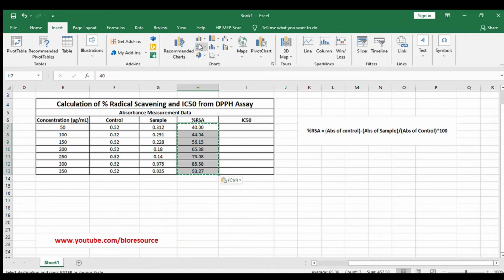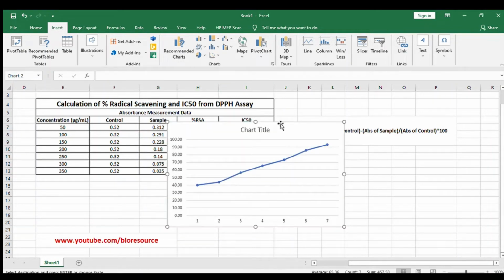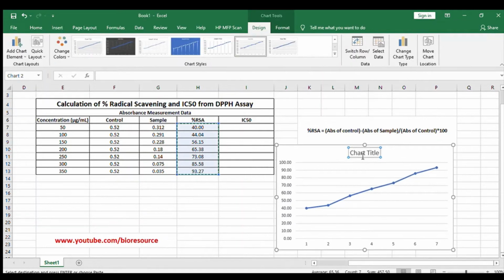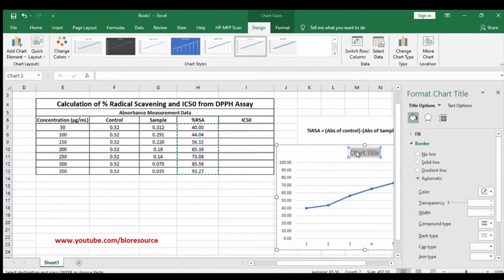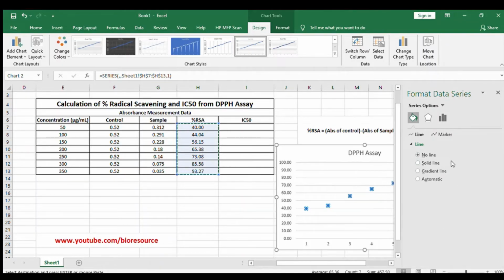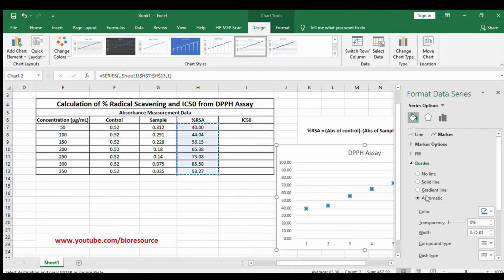Go to line chart, and now we have the standard curve data here. Now we can change the title to DPPH assay. And instead of this line, I will make it no line, and now we have the markers with no line, and we can insert the trend line.